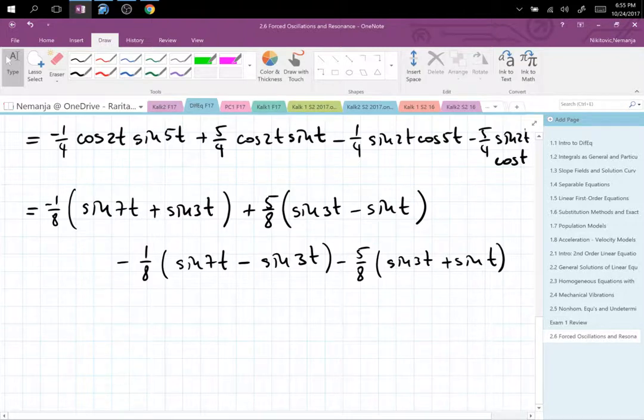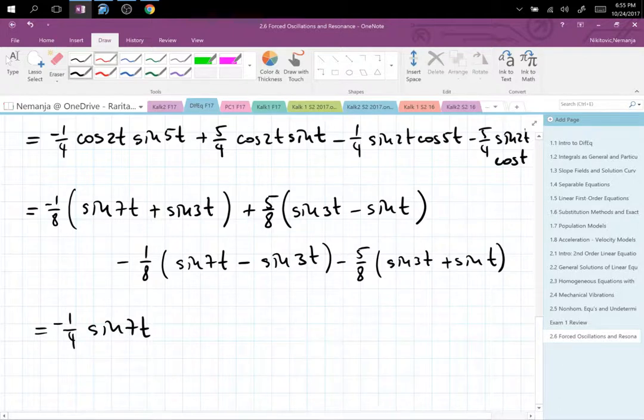So what do I have? Everything adds here, all of the signs are the same. You have negative 1/8. Oh, the second part is canceling, yes. So negative 1/8 plus negative 1/8, that's negative 1/4 sine 7t.